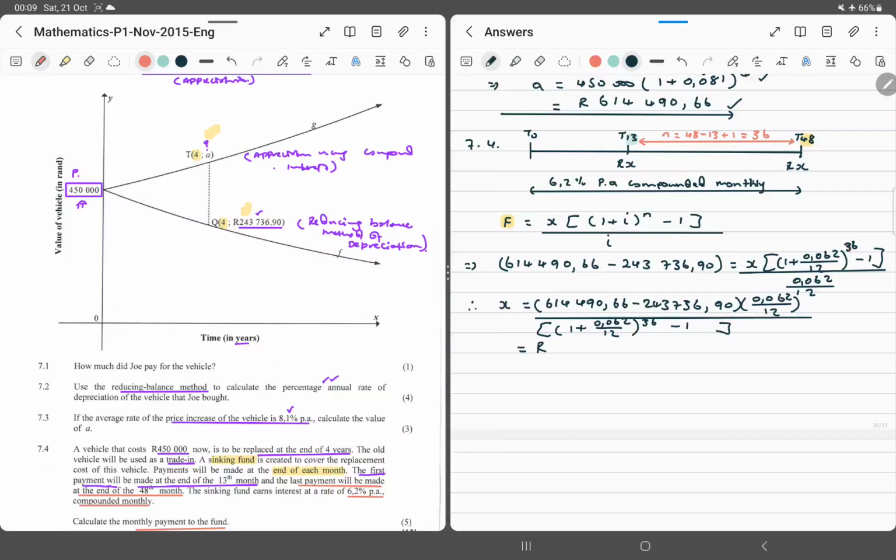So 614,490.66 minus 243,736.90, that we're multiplying by 0.062 over 12. So here the key is just a correct substitution and manipulation. Otherwise this thing can be easy.